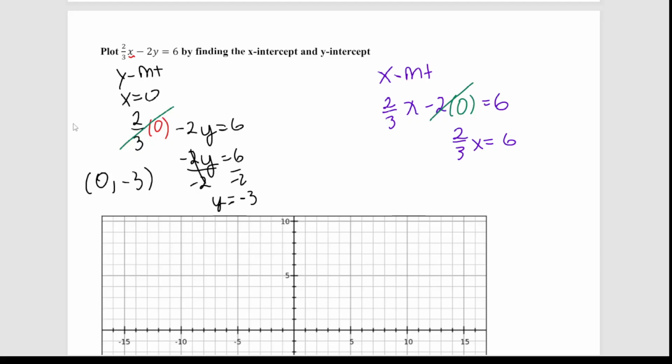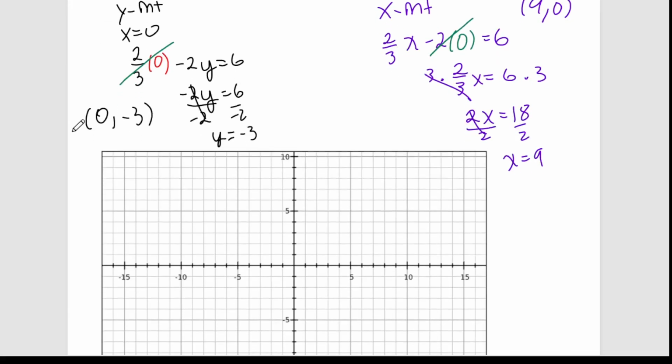So first I'm going to undo dividing by 3 by multiplying both sides by 3. I would be left with 2x is equal to 6 times 3 is 18. Then I'm going to undo multiplying by 2 by dividing by 2. And I would be left with x is equal to 9. So my x-intercept would be at 9, 0 because I had just plugged in 0 for y.